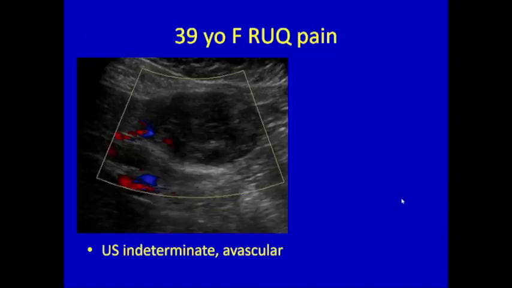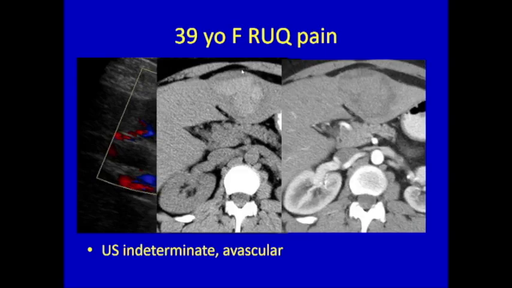Okay. All right. Third lesion. Right upper quadrant pain. Notice we're moving now into the people who have symptoms. It's indeterminate by ultrasound. Avascular, needs confirmation. What do we see on a CT? Hyperattenuating, no contrast has been given, doesn't enhance. That means that this is blood, right?